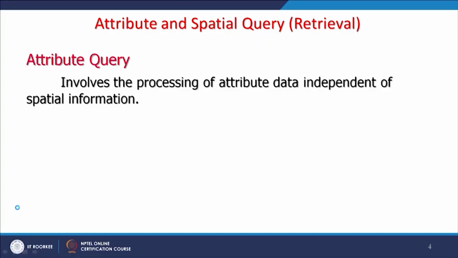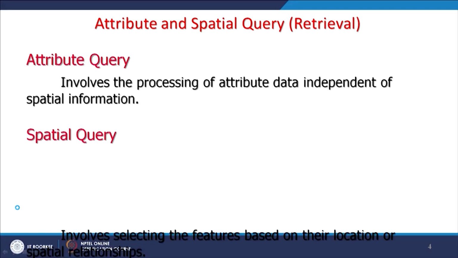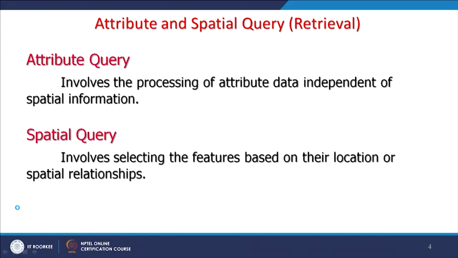As you know, it involves the processing of attribute data independent of spatial information. Then spatial query, that means performing a query on the spatial objects, is also possible, and this is basically done through selecting the features based on their location or spatial relationship. Like we can draw a circle or we can use a polygon.